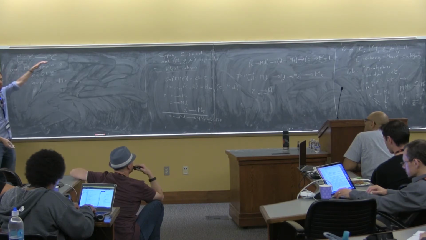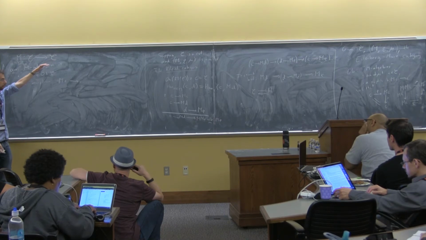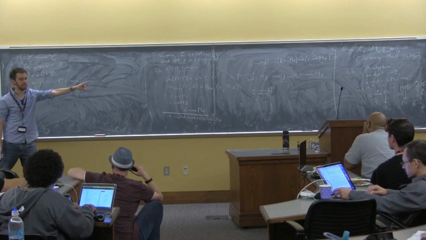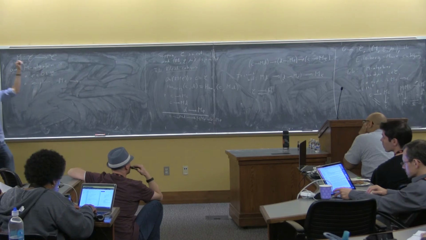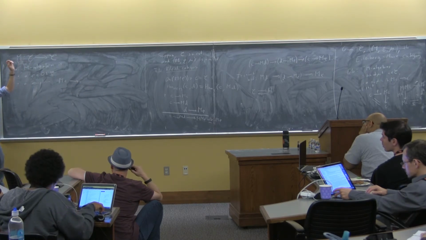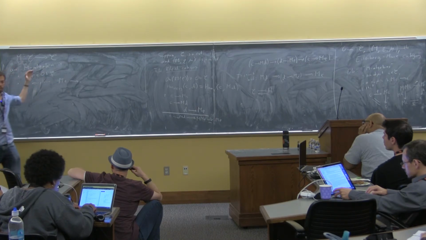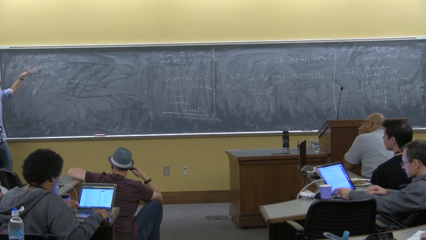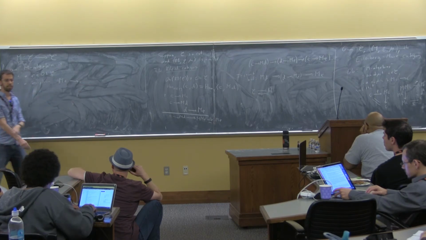This one doesn't have a unit, doesn't have a join, and therefore doesn't require them. So if you forget the monad and just think of the endofunctor, it's a forgetful functor. If I take my monad, just think of it as a functor, and take my algebra, I'll get an algebra. But some algebras here may not be algebras there because they might not satisfy the extra things.